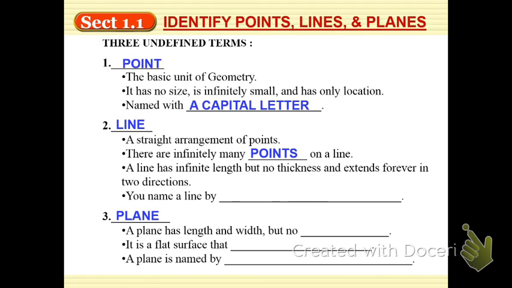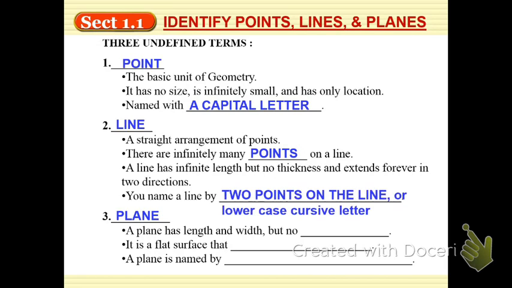You know, like this line here. We think of that as a line, but that's a line segment in our terminology because a line, as we're talking about, would keep going on forever in both directions. Okay, so a line extends forever in both directions. You name a line by 2 points on the line or a cursive lowercase letter.